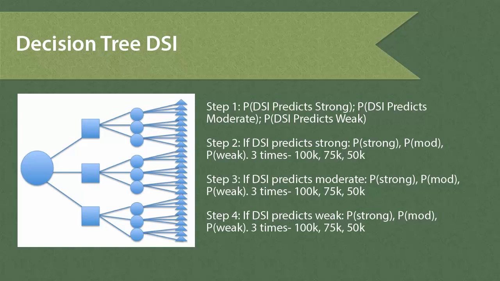And then finally, our last step in adding our probabilities would be this main branch on the bottom. That is, if DSI predicts a weak economy, we still need those 3 conditional probabilities to weight properly our 9 payoffs so that we can determine the EMV given the DSI information.